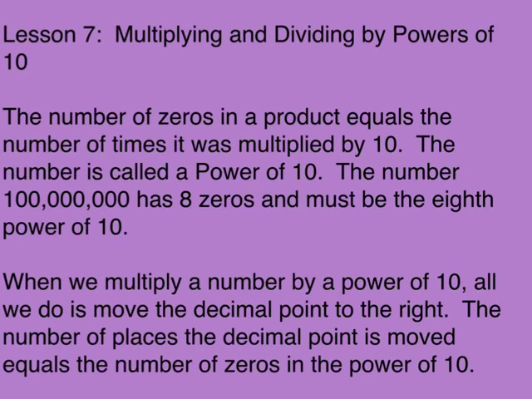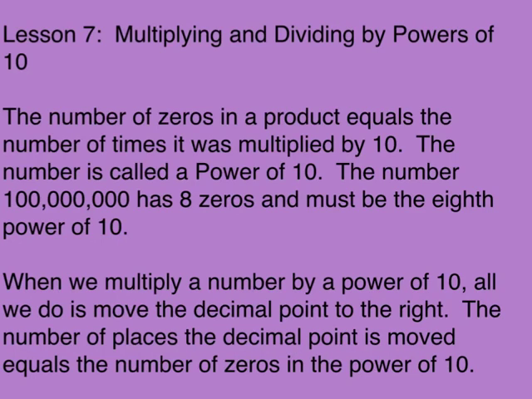Look at the number 100 million. If you count the zeros, it has 8 zeros. So we say that 100 million is the 8th power of 10 because it has been multiplied by 10 8 times.